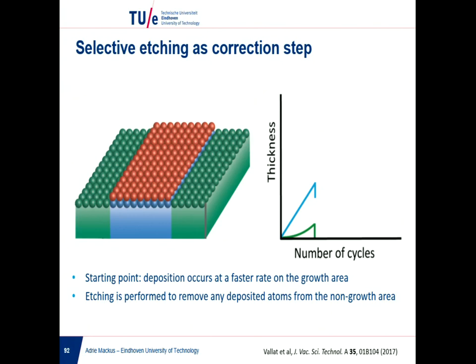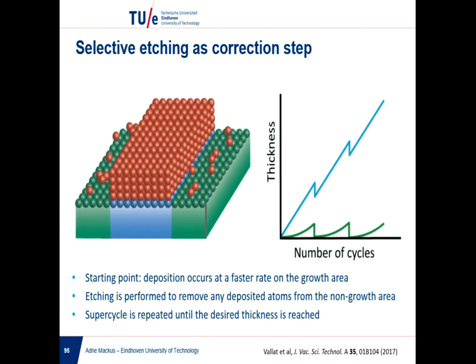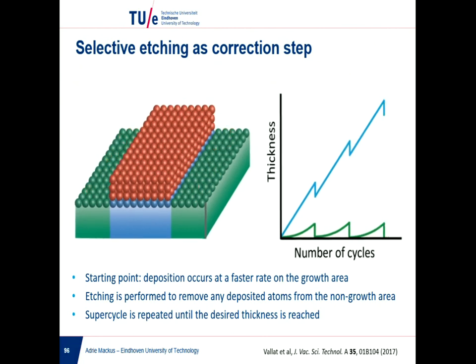This should be selective etching in the sense that we etch only this red material and not the underlying substrate material. Unfortunately, such an ALD process is often not area selective, which means that you also remove some material from the top. However, as long as you deposit more than what you etch, this might not be a big problem. And then the nice thing is that you can do this over and over again until you reach the desired thickness. In this way we can make thicker films in an area selective manner with a good selectivity.